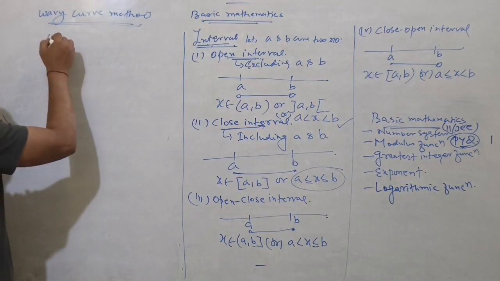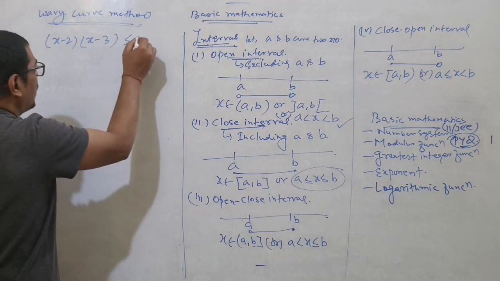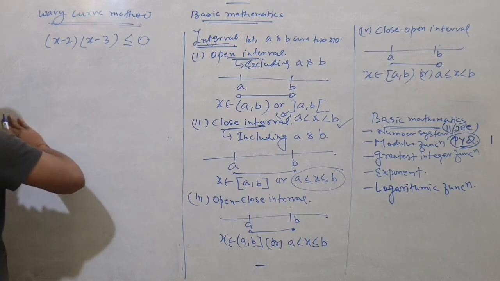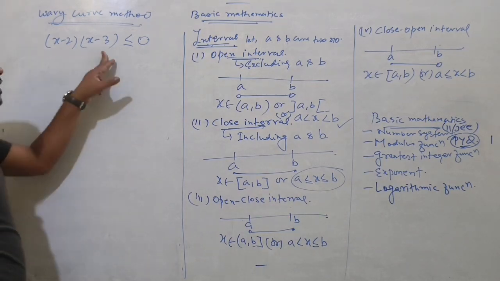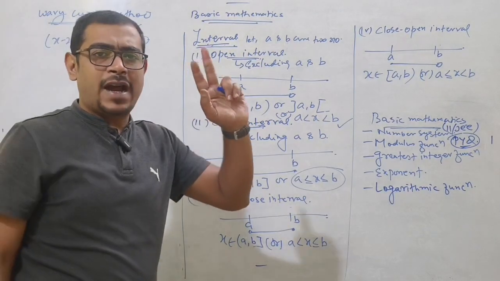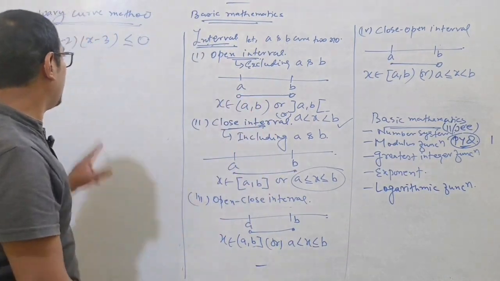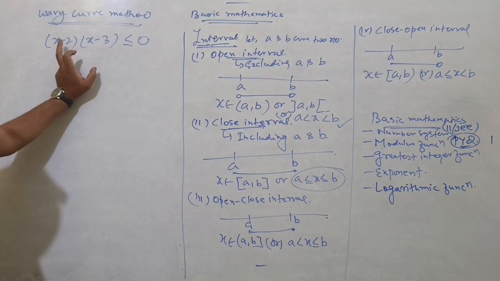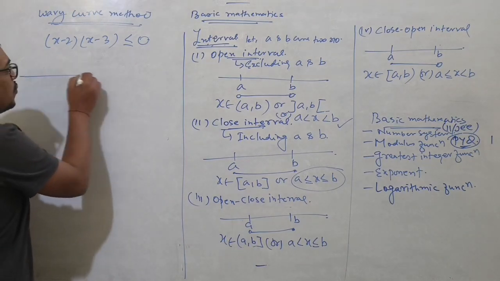Suppose x minus 2 times x minus 3 is less than or equal to 0. Can you say what the interval is? For this, first of all we have to find the roots of the polynomial. This is obviously a polynomial. So what are the roots?